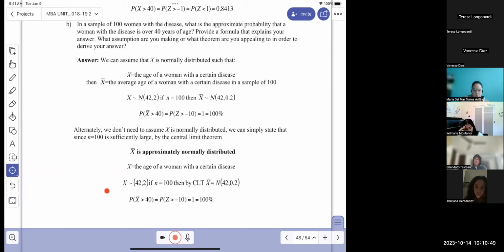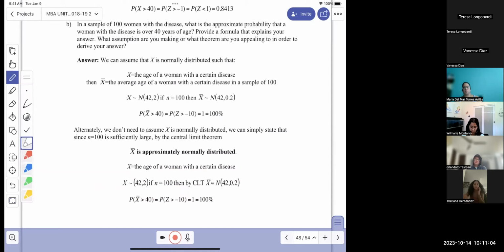Now, this won't work unless your sample size is big enough, so you have to spend some money to get a large enough sample size. There's always a cost to pay, a trade-off. So no assumption is necessary here. That's the beauty of it.